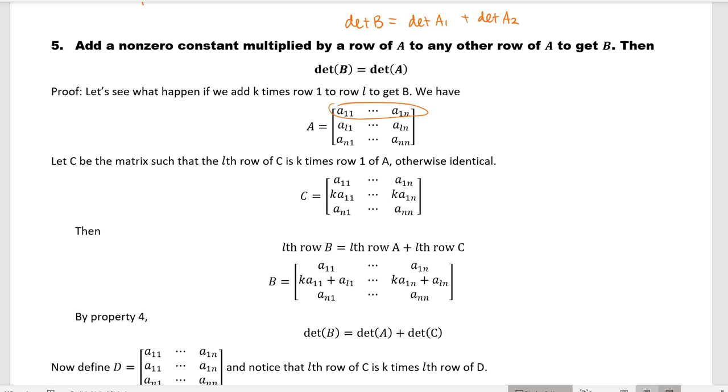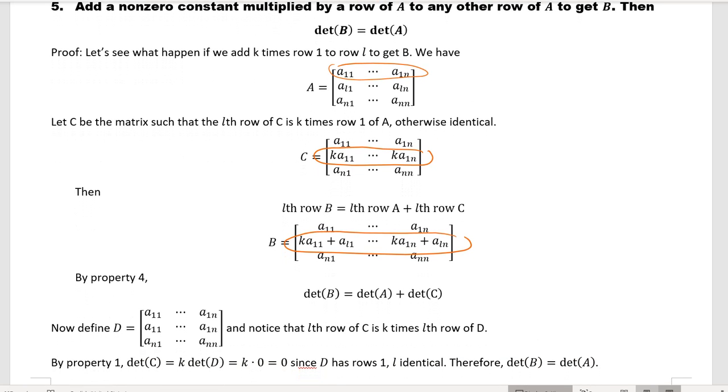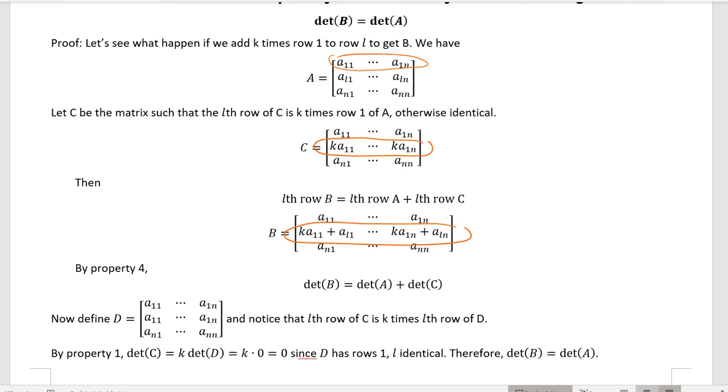And let's see the matrix C such that row L of C is k times row 1 of A. Now you can see for B, we are adding k times the first row of A to row L. So it's like row L of A plus row L of C. And by property 4, we know the determinant of B equals the determinant of A plus the determinant of C.